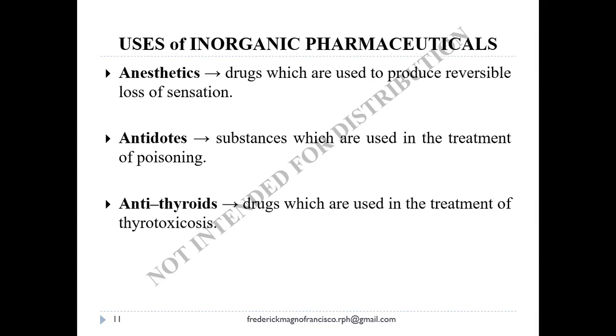Antithyroids. These are drugs which are used in the treatment of thyrotoxicosis. Thyrotoxicosis is a clinical state of inappropriately high levels of circulating thyroid hormones in the body from any cause. Example of an antithyroid is potassium perchlorate.